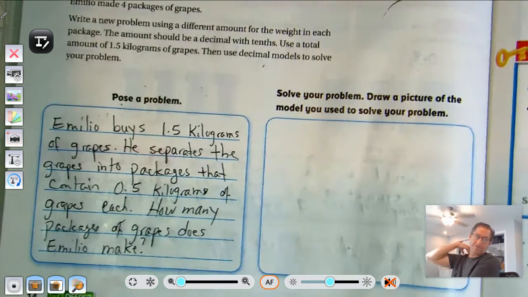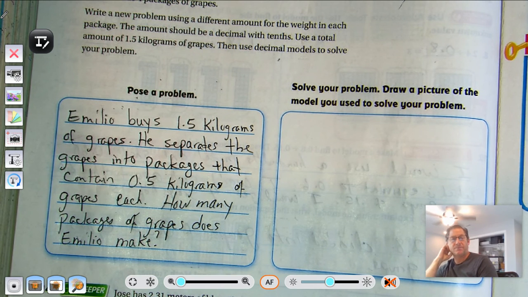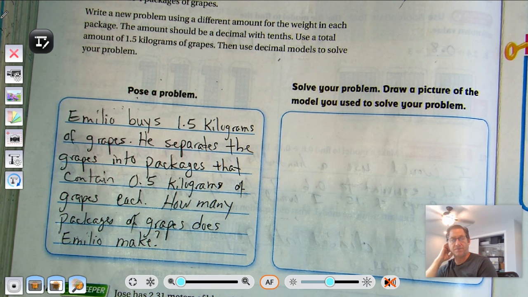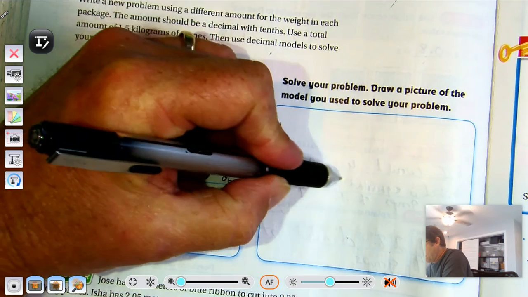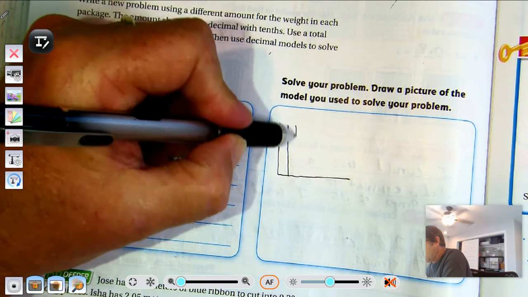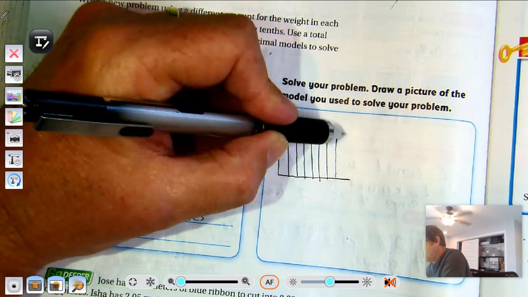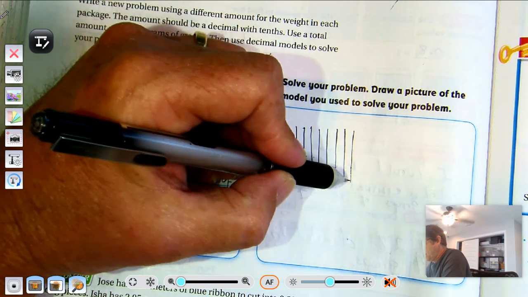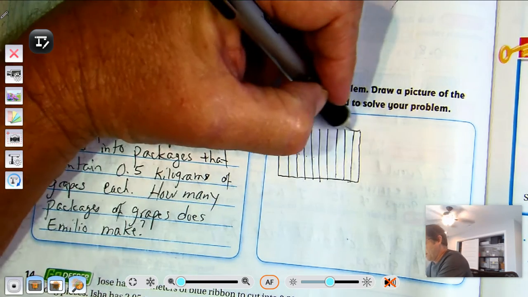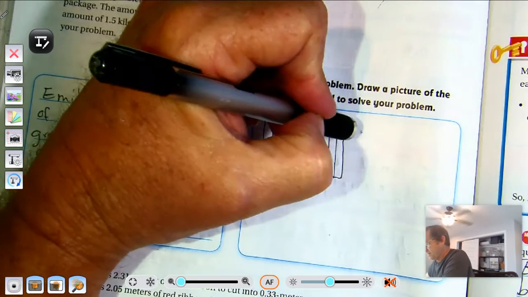All right. So this is my question. Emilio buys 1 and 5/10 kilograms of grapes. He separates the grapes into packages that contain 5/10 kilograms of grapes each. How many packages of grapes does Emilio make? Well, so we have 10/10, and we're going to have 5/10 of another one.